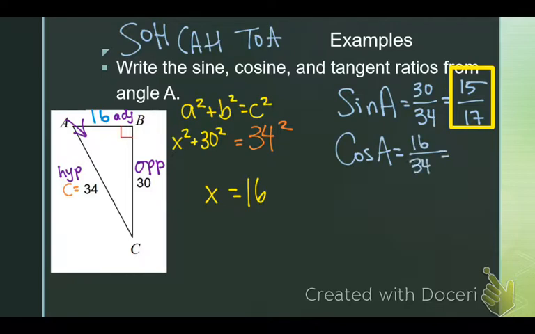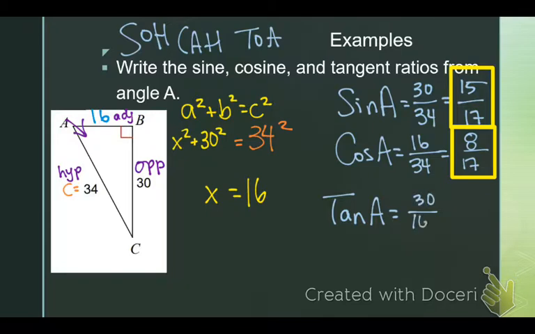All right, so we reduce this to 8 over 17. Last is tangent. So TOA, like SOH, opposite over adjacent, which is 30 over 16. This reduces to 15 over 8. Good.